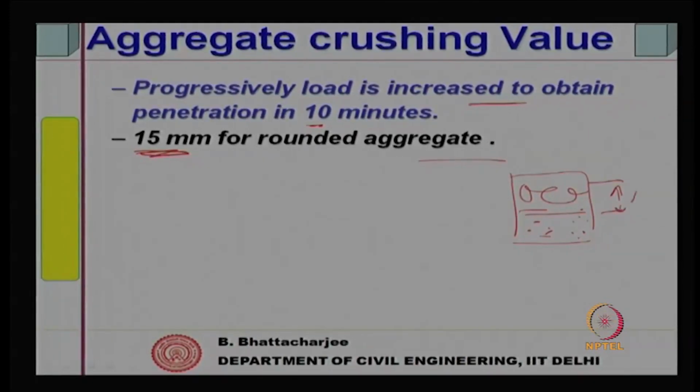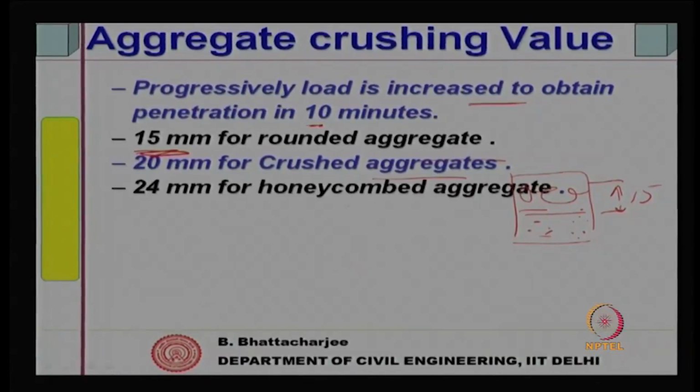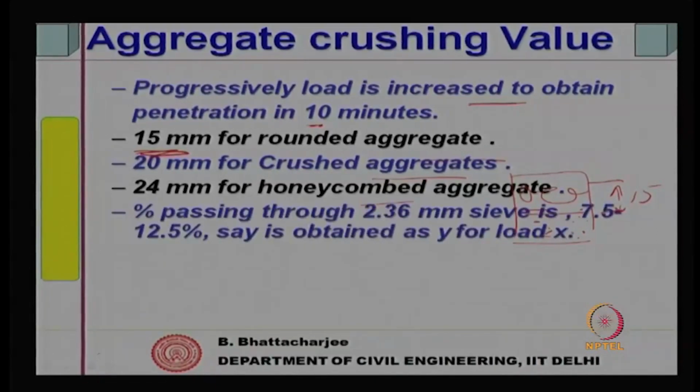This should be 15 millimeter for rounded aggregate, then 20 millimeter for crushed aggregate, already crushed aggregate, because this will still have some failure planes, this will have less. And 20 millimeter for honeycombed aggregate, we have looked into honeycombed aggregate when we talked of shape. So, this is what is given.